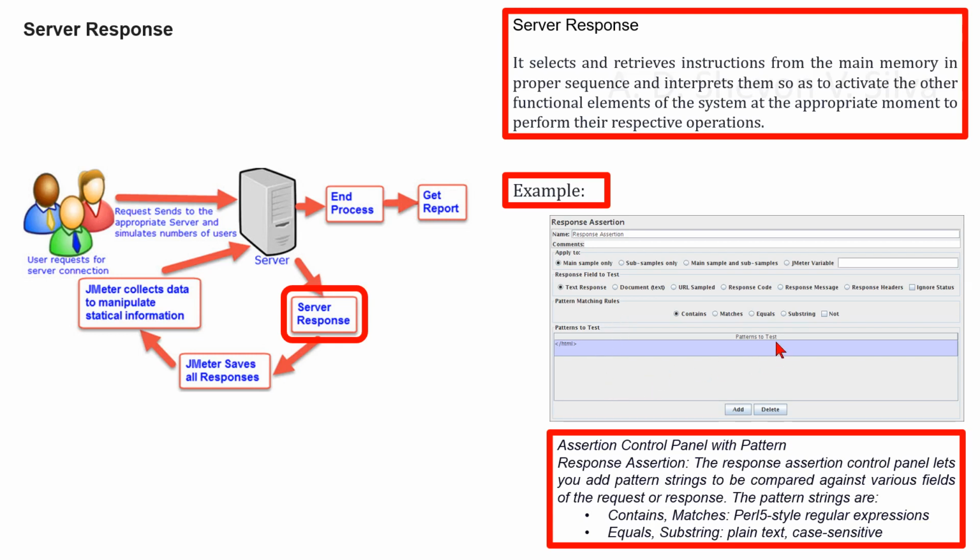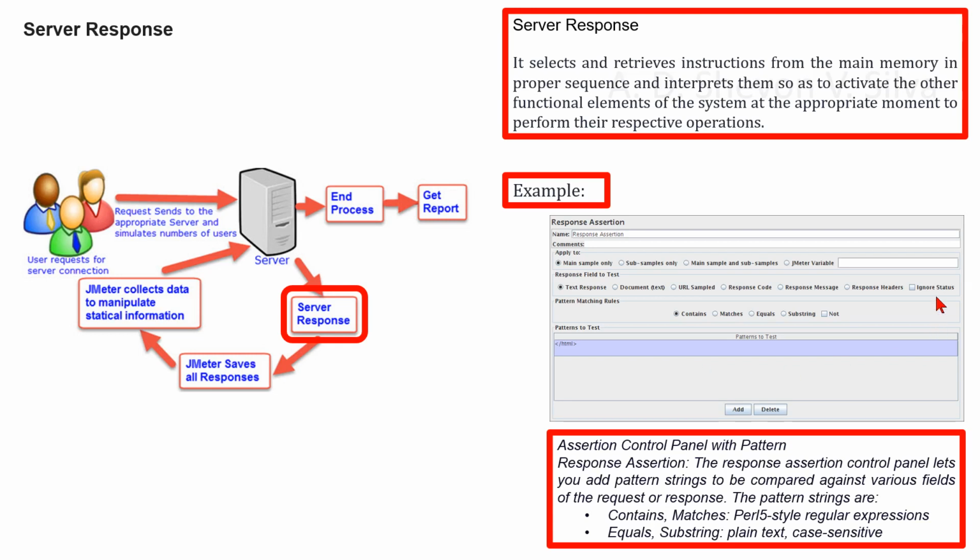Patterns to test attribute is a list of patterns to be tested. Each pattern is tested separately. If a pattern fails, then further patterns are not checked. There is no difference between setting up one assertion with multiple patterns and setting up multiple assertions with one pattern each, assuming other options are the same.